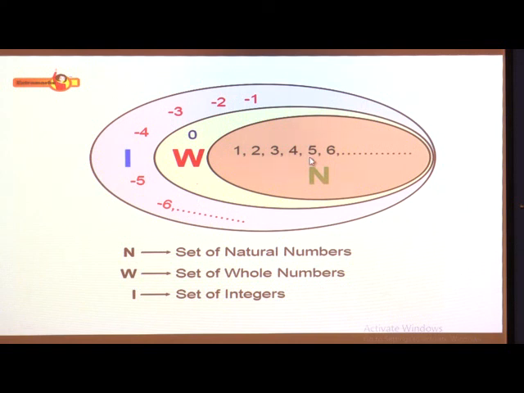We have studied in detail about these natural numbers and whole numbers in our previous classes. So 1, 2, 3, 4, 5, 6 and the numbers that extend endlessly are called natural numbers. And the set of natural numbers including 0 are called whole numbers.